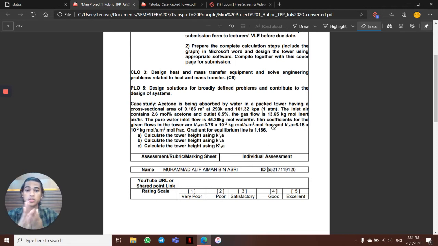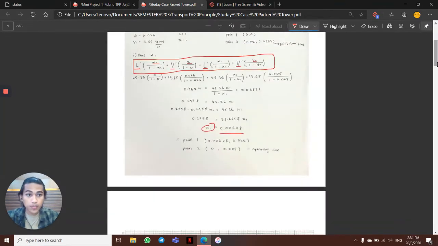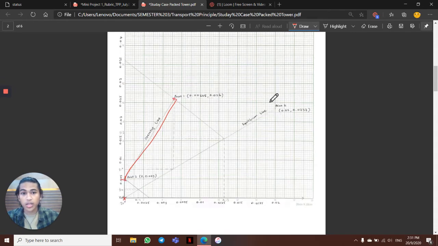So we can use the formula y equals mx plus c, but we only use y equals mx because the line does not intercept the y-axis. So the gradient is obviously 1.186 for the equilibrium line. We already have the gradient, so to find the point, we just insert x as 0 and y as 0, so that we can get the point.